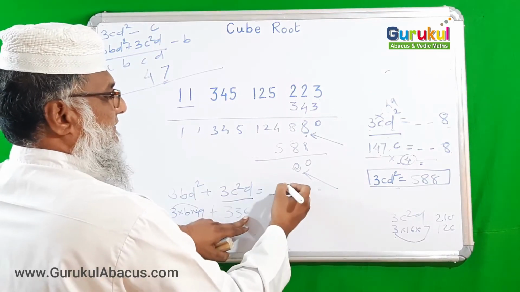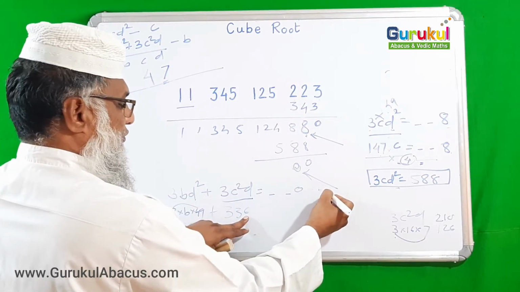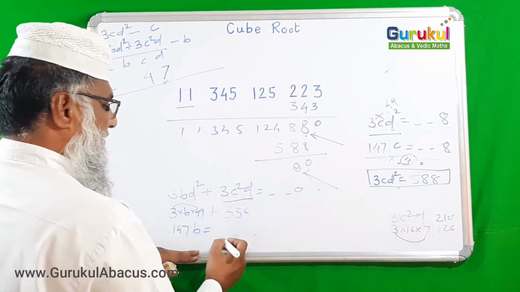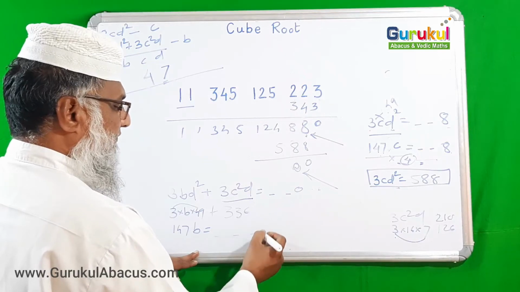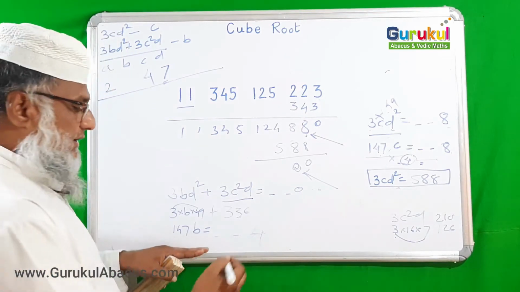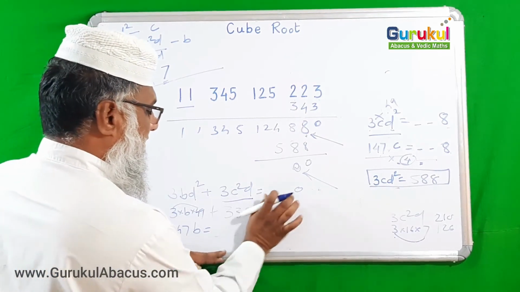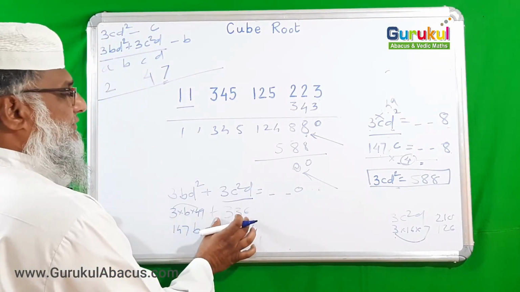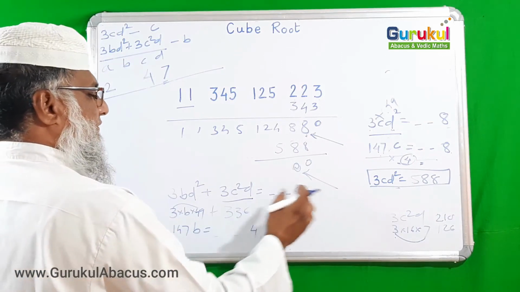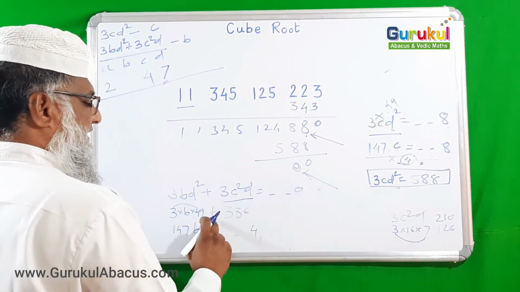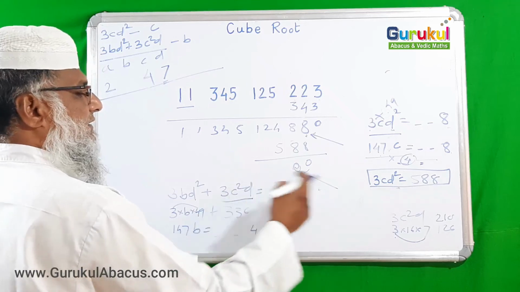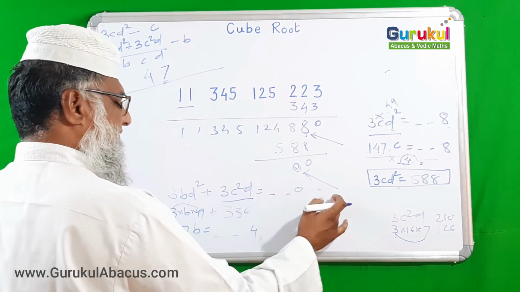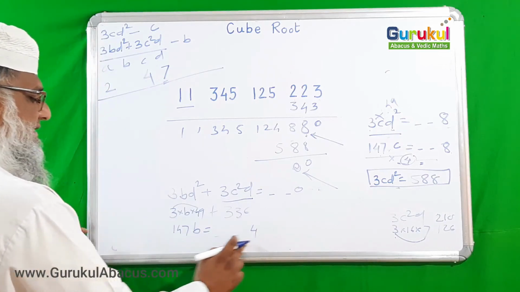Here we can take 1 from here, so 10 minus 6. After subtracting this much, what would be the last digit? 4. Again, if this term we are taking to the right side, that is to subtract, 0 minus 6, actually 10 minus 6, 4 would be our last digit of this term.